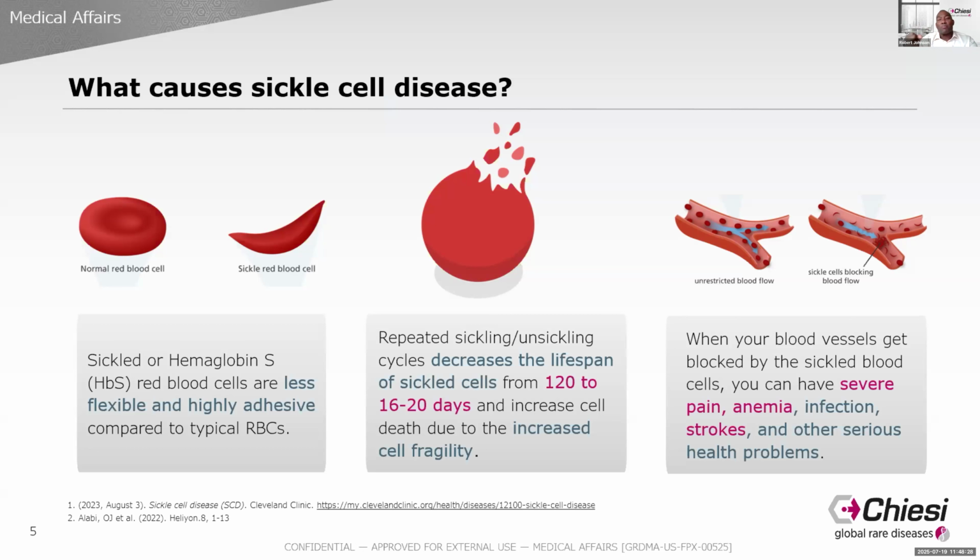It ends up blocking and clogging your arterial and venous system. And that clogging is what's causing the organ damage, which is causing the pain that you feel. So again, it's the clumping that causes the blocking. Now that the organs and the systems are no longer being oxygenated by the red blood cells is where you get your damage. So that's really the process that's occurring in the context of sickle cell disease.